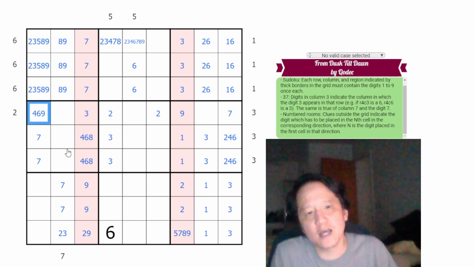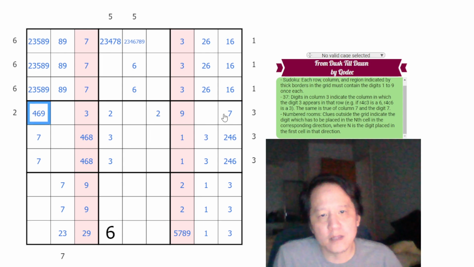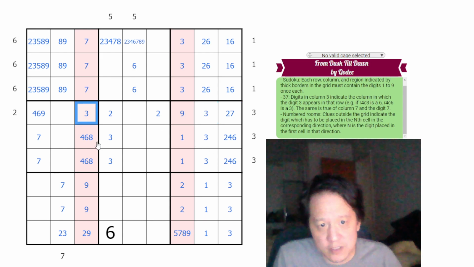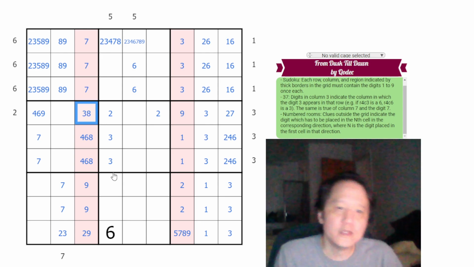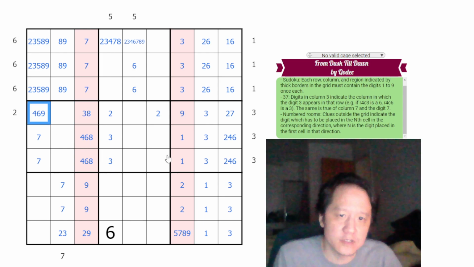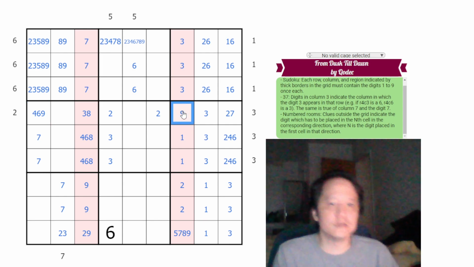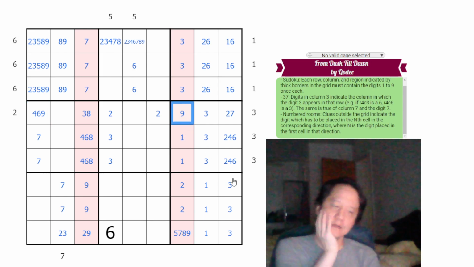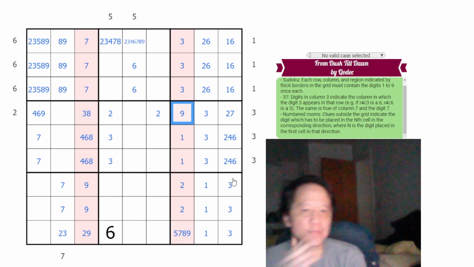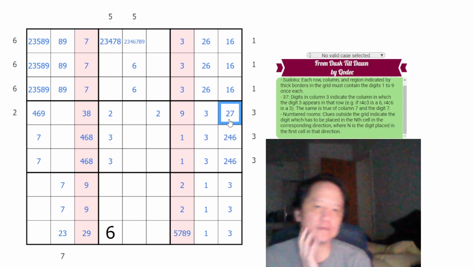If this is 9, that means 2 is here. That means 3 is here, which means this is 8. So we know this is 3 or 8. We have 4, 6, or 9 here. This could be 9. So this is 2 or 7.